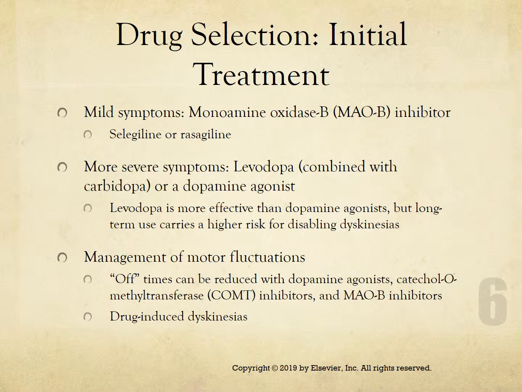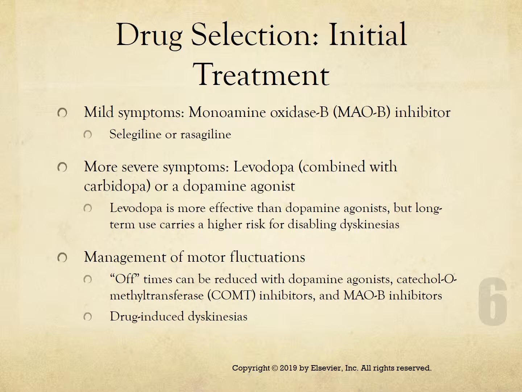For mild symptoms, you can use MAOIs such as selegiline. For more severe symptoms, you would then start the levodopa, which would be combined with the carbidopa or a dopamine agonist. And levodopa is more effective than the dopamine agonist, but long-term use carries a higher risk of the disabling dyskinesias.